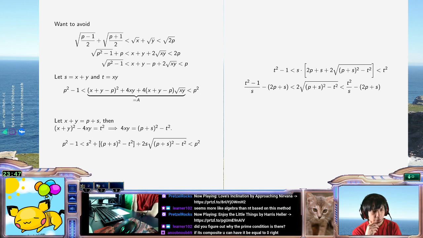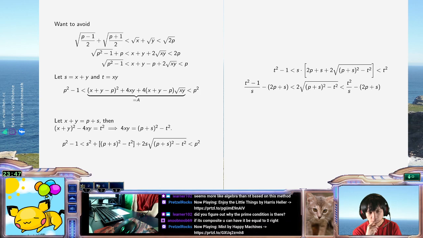If it's composite, you can have it be equal to 0. If it's odd composite, I guess. That seems like it's important to know actually. Yeah, that's true. That's something I should pay attention to.